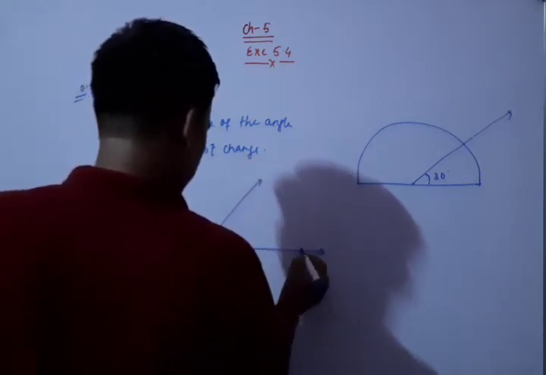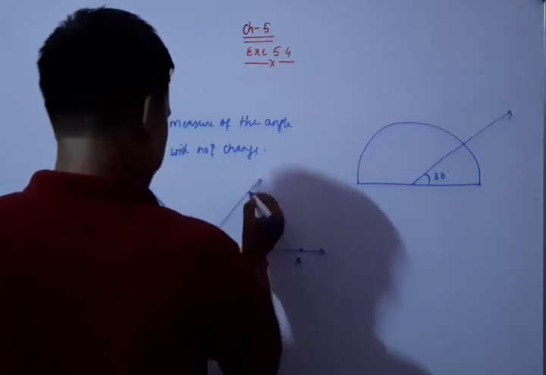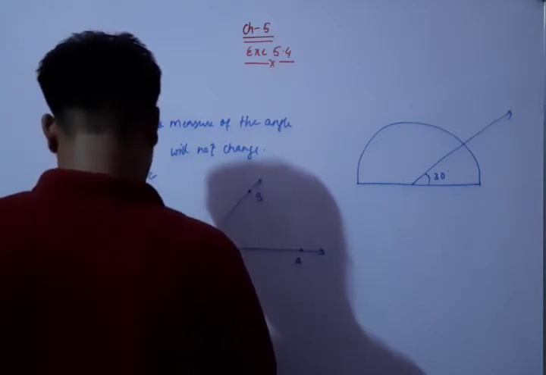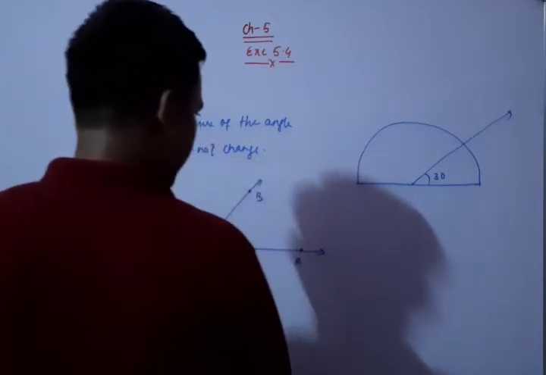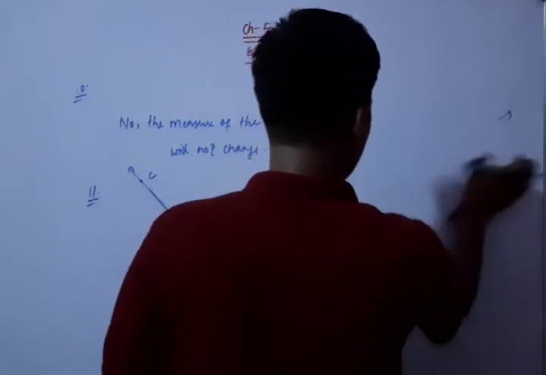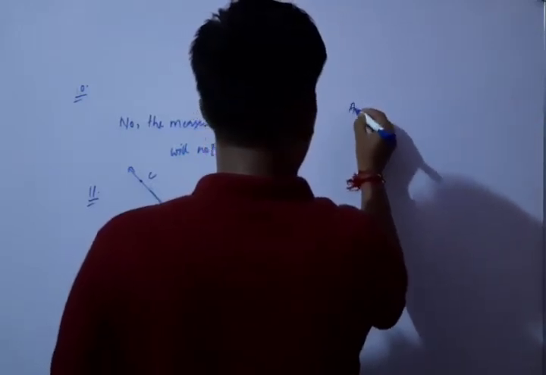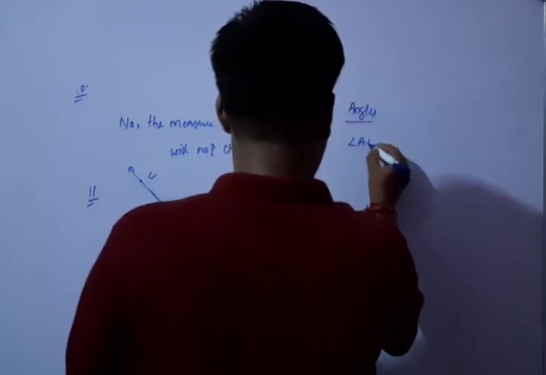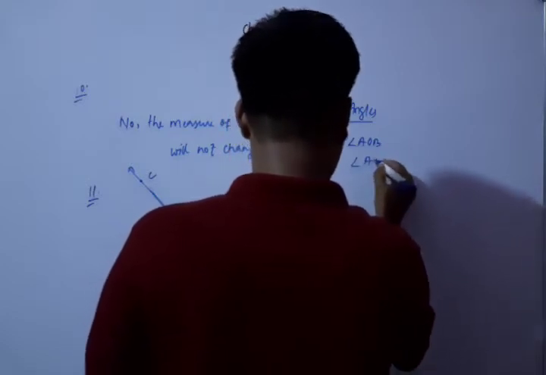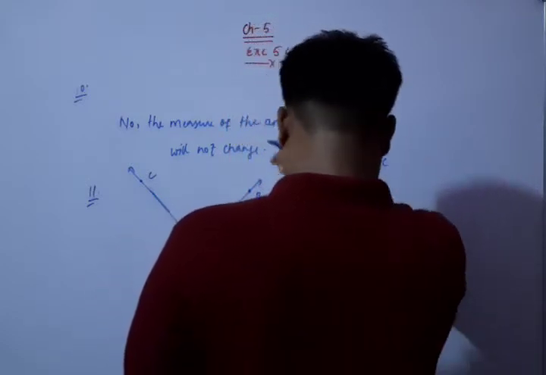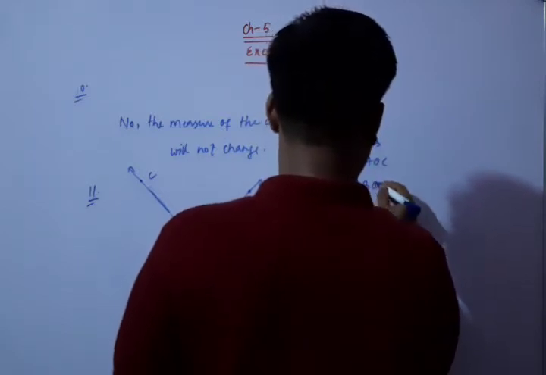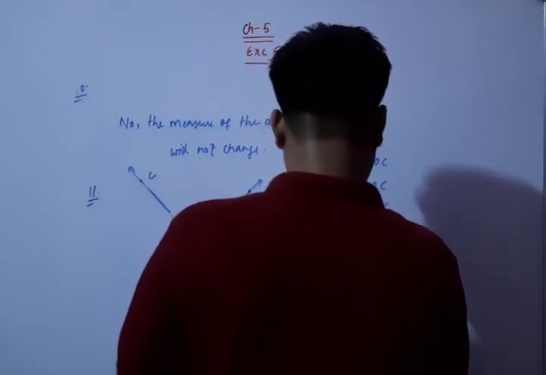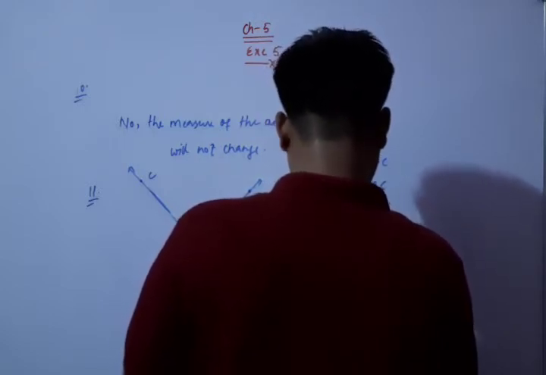O, A, B, C, D, and the angles are: first AOB, second angle AOC, third BOC, fourth DOC, then DOA and DOB.